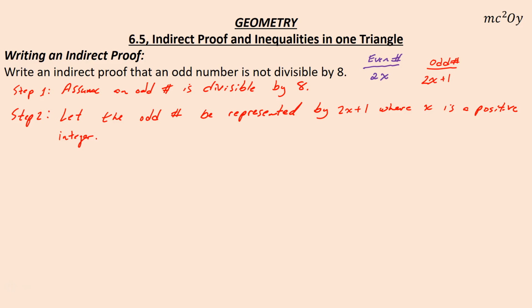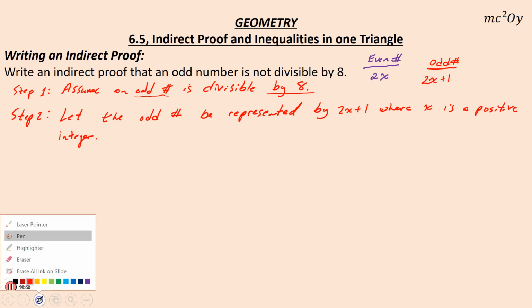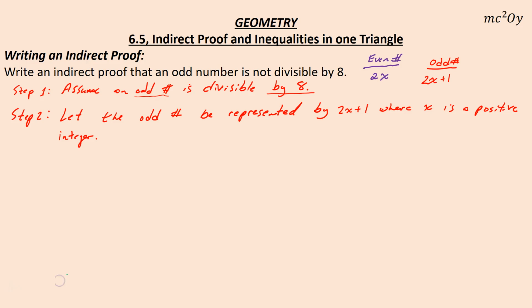All right, so now it's also important, if we're saying an odd number, we've kind of defined that, divisible by 8. Well, what's a number that's divisible by 8? We kind of did that with 2. A number that's divisible by 2 is 2x. So really, a number that's divisible by 8 would be 8y.